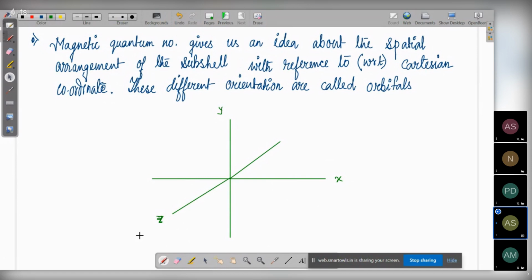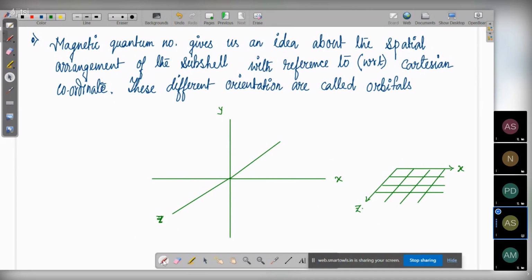Because if you see the floor, it looks somewhat like this. Let's make some marks so that you can understand. This is the floor. Suppose this is your x-axis and this is the z-axis.